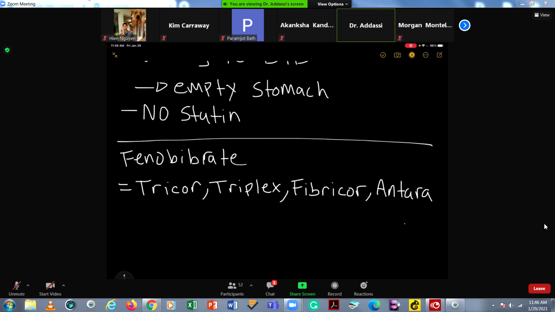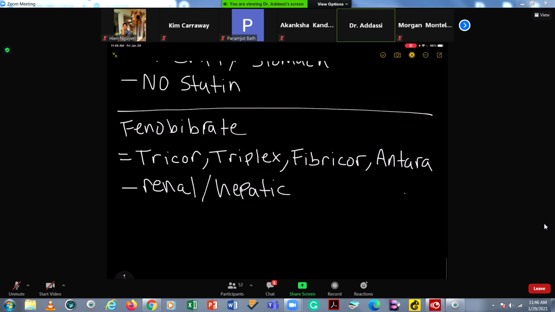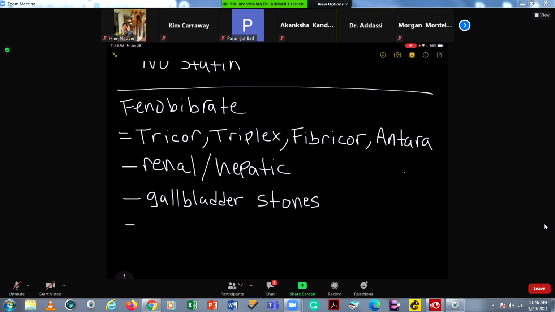Just like gemfibrozil, these are renal and hepatic drugs. Fenofibrate also causes gallbladder stones, so if a patient has a history of gallbladder stones, you probably don't want to use this medication. And fenofibrate actually also increases the chance of a DVT.